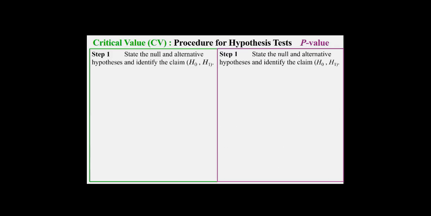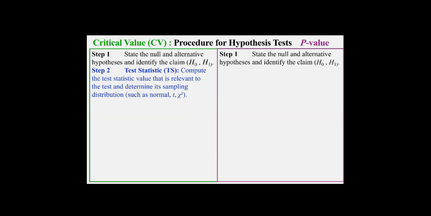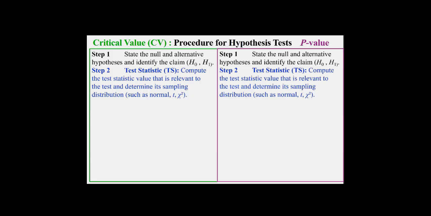Same thing for the p-value, it makes no difference. The next one is to calculate the TS, short for test statistic. That means you can calculate the Z, T, or chi-square, and the same thing happens with the p-value.